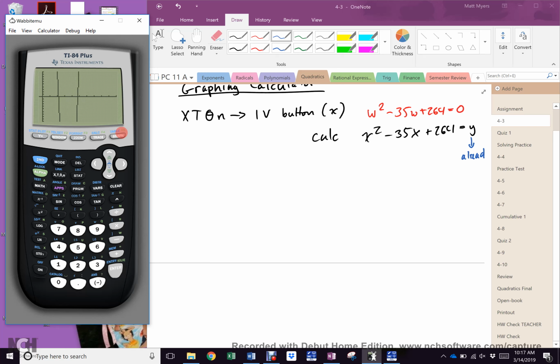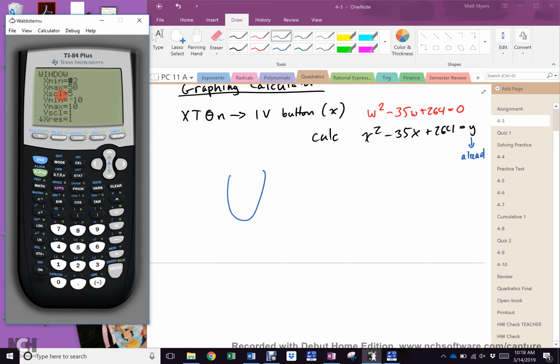Everybody cool? Now, you already know that because of this x squared, this is going to give me one of these, right? What's missing? The bottom of it. If we wanted to see the bottom, what would we have to do? Change the window. Where would I have to make that window change?